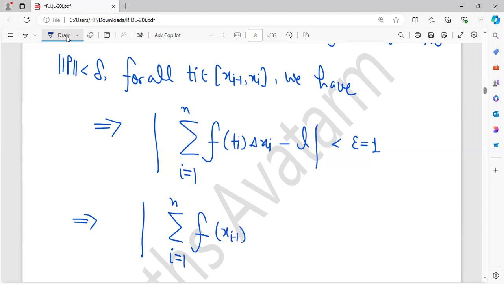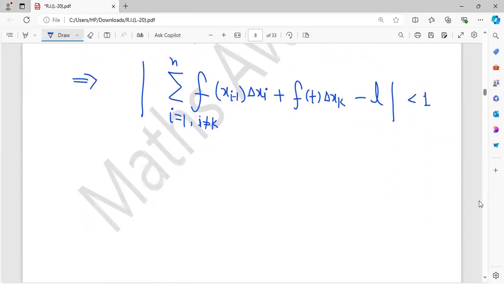Okay. So I am taking the summation of f(xi-1) delta xi, i not equal to k, plus f(t) delta xk, minus L. So I have taken particular points; I am taking the initial point of subinterval, xi-1. So this is less than 1. Okay.